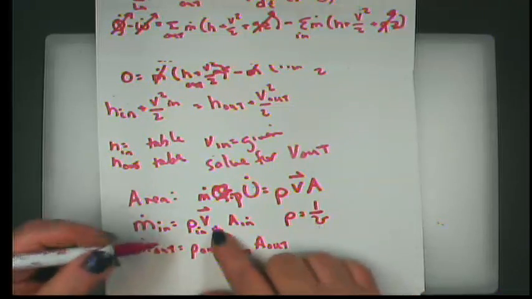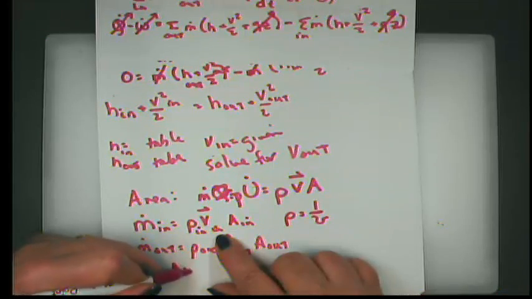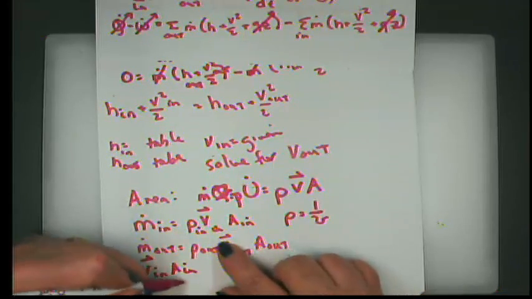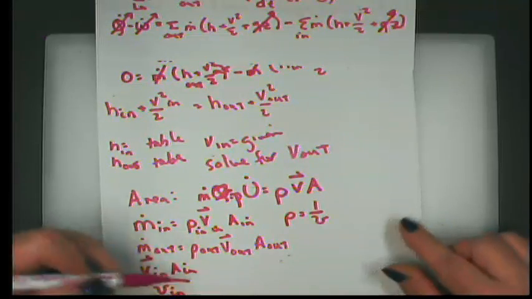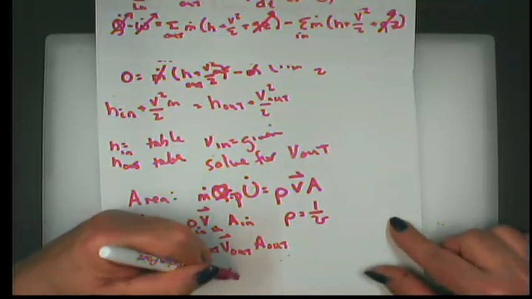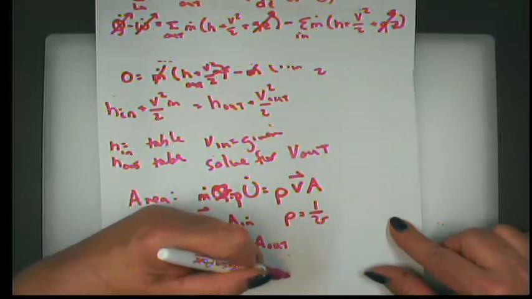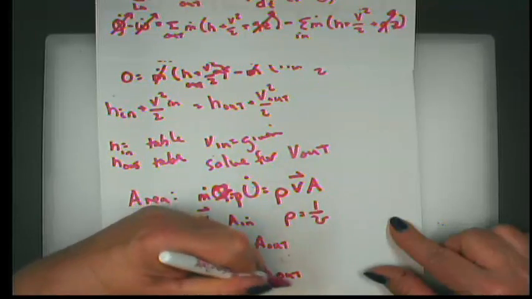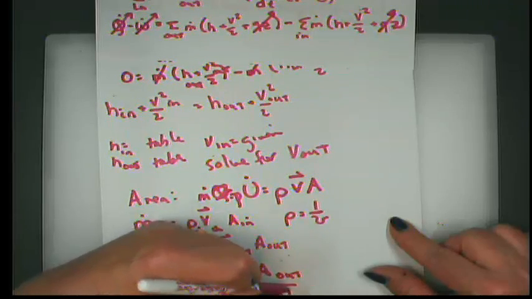Okay, so we could rewrite this and say velocity on the inlet times area on the inlet divided by the specific volume on the inlet for R134A is equal to the velocity on the outlet, or the exit, times the area of the exit divided by specific volume on the exit.